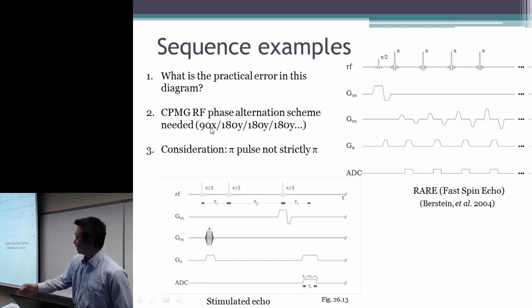For example, if we apply the excitation pulse along the x-axis, then we will need to apply the refocusing pulse along the y-axis to avoid an additional signal dispersion due to the imperfect pi pulse. Because usually the 90-degree pulse can be quite accurate. It can just be 90 degrees.